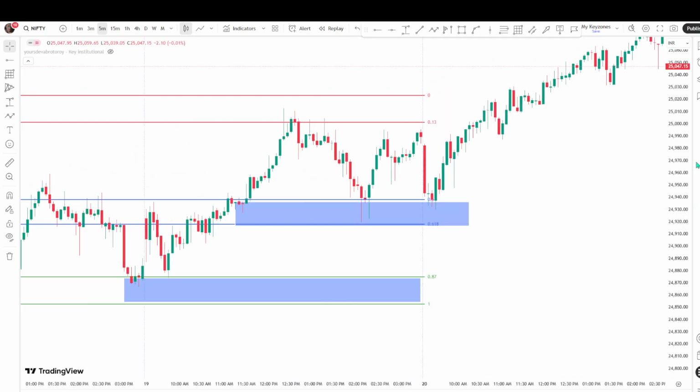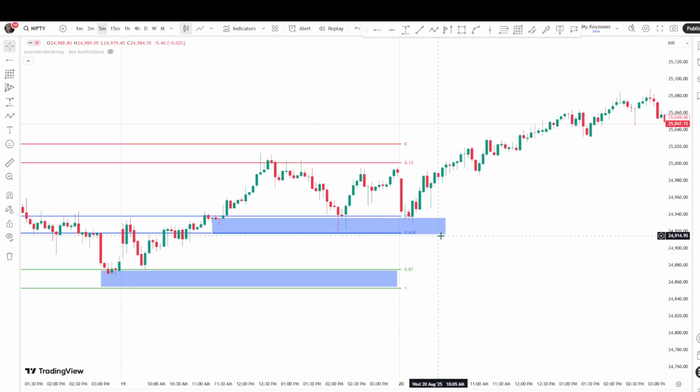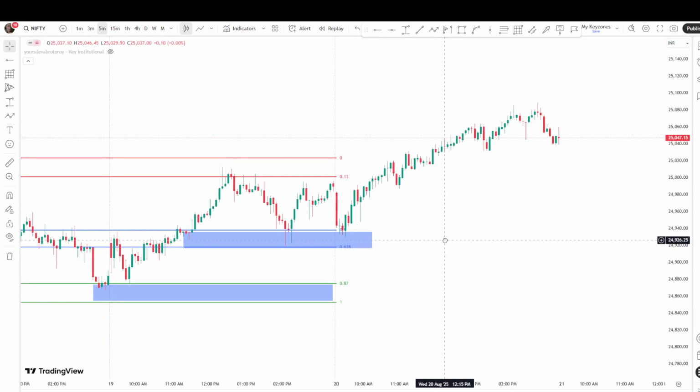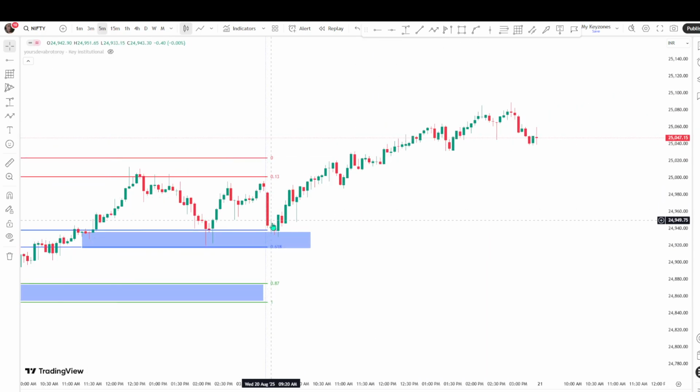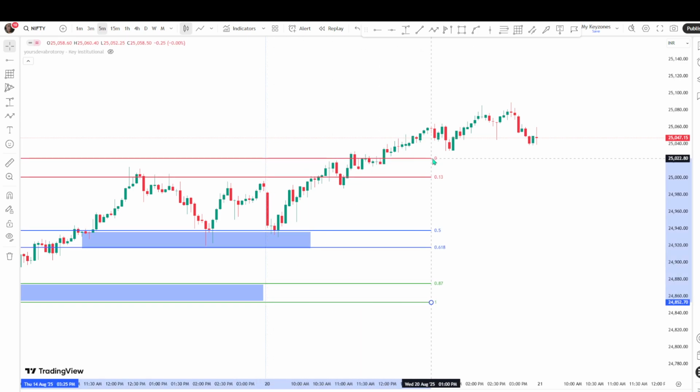Now what I was saying is that this equilibrium point was acting as a supply zone, it took support from here and it went all up.